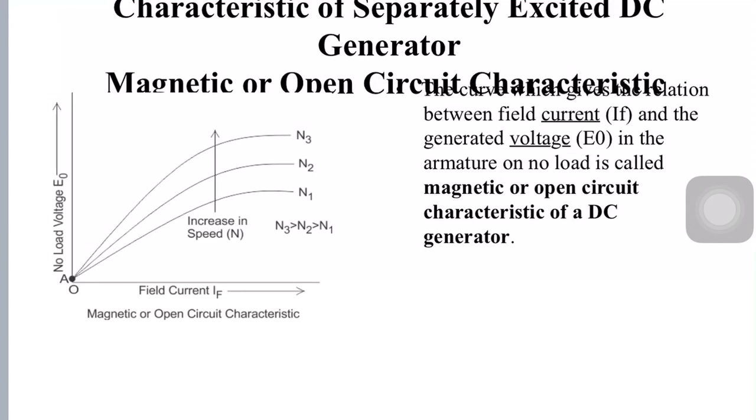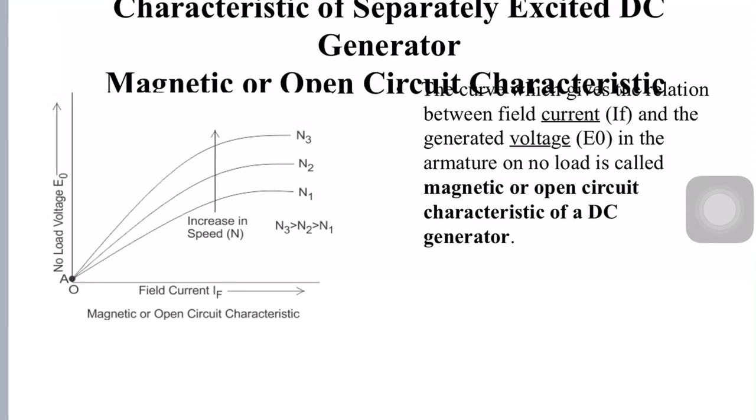So coming to open circuit characteristics, basically this curve shows the relation between the generated EMF at no load and the field current, that is IF, at constant speed.